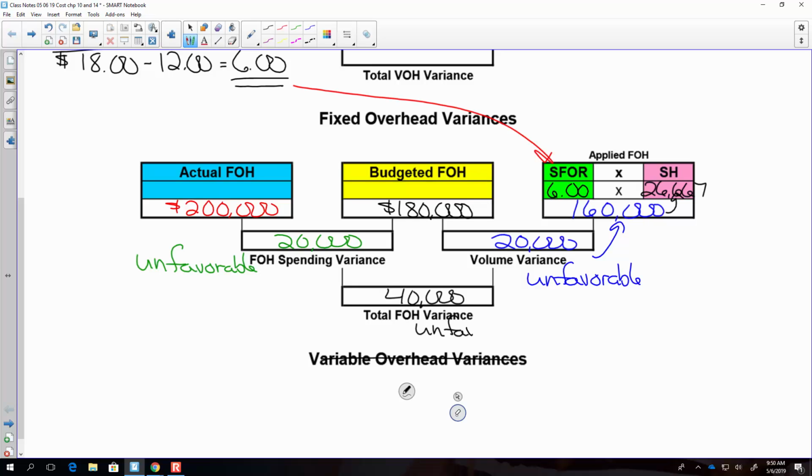So we can add them two together. Unfavorable. So looking at the volume variance, capacity measurement, right? Volume variance unfavorable. What was the plan? How many units was the plan? I think they based it on hours, right?